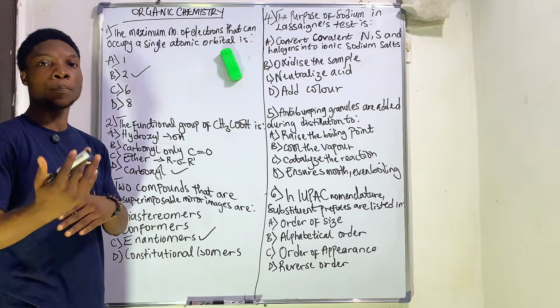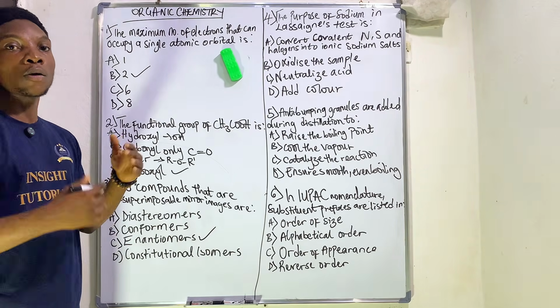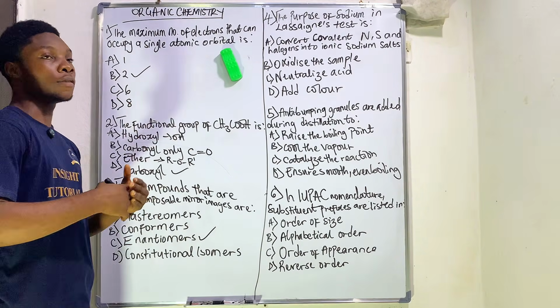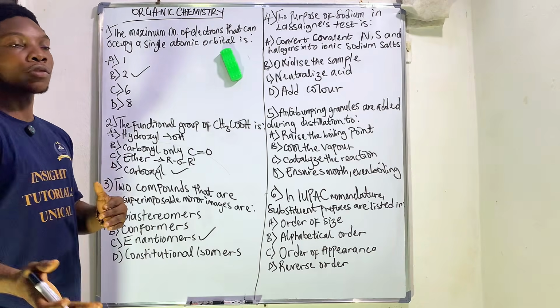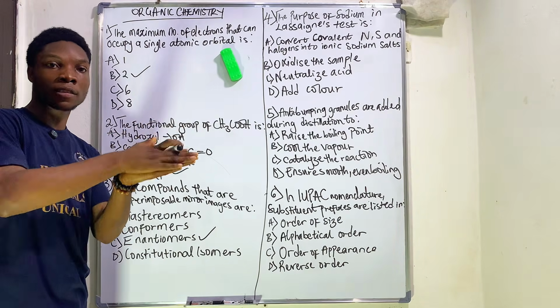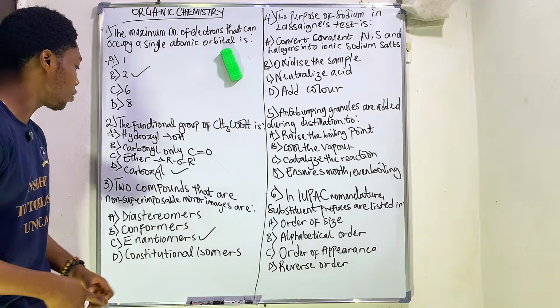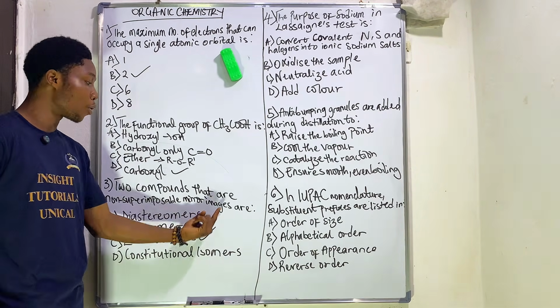Non-superimposable meaning that you cannot place one on top of the other. So, what that means is, what one compound has on the right, the other compound should not have that same thing on the right. So when you superimpose them, they will have different things at different points. That means they are non-superimposable, right? So that is what enantiomers are. Enantiomers are non-superimposable mirror images.